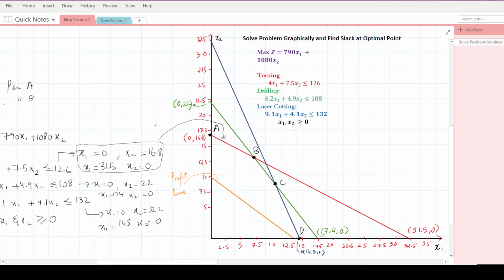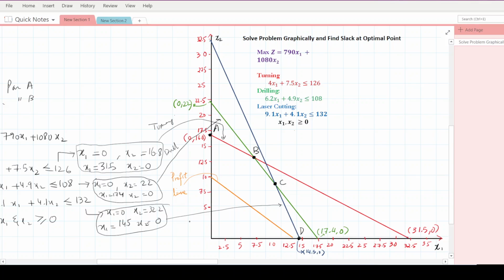This is for turning, and then using the points 0 and 22, 17.4 and 0, I have plotted the drilling constraint. This is the drilling, and finally using these points I have plotted the laser cutting constraint, as you can see here.